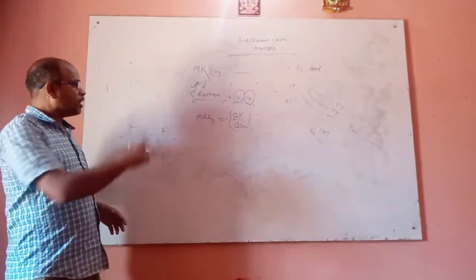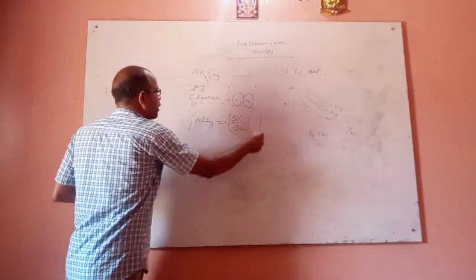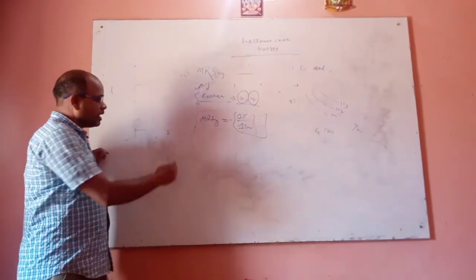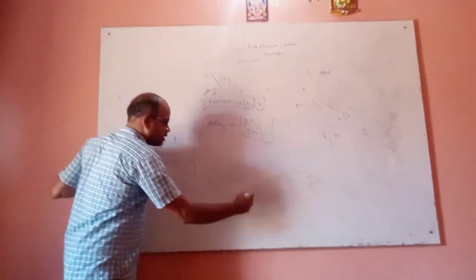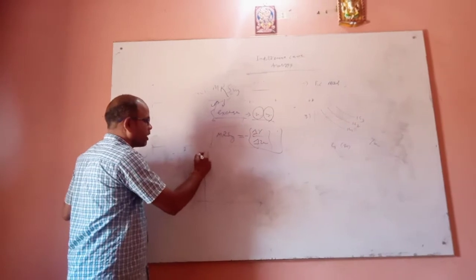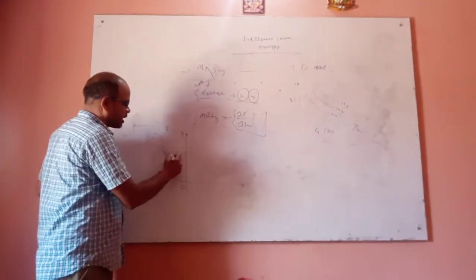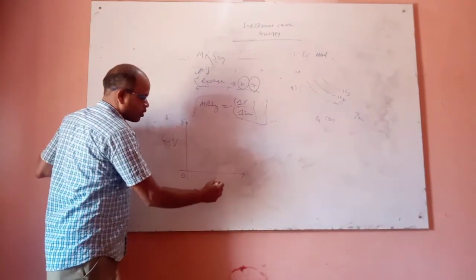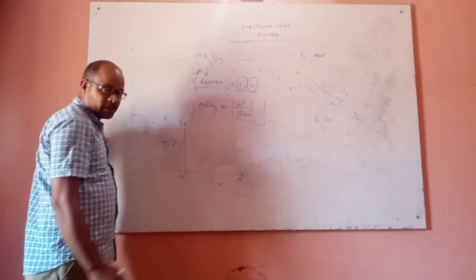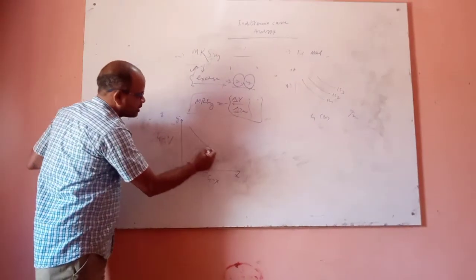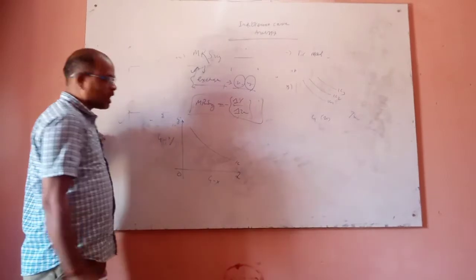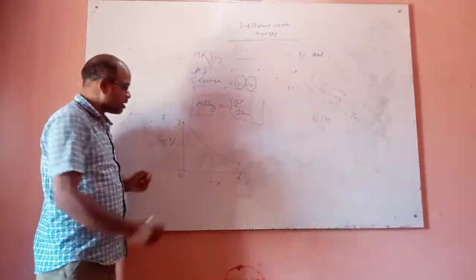Next, in order to analyze or calculate MRS XY in a diagrammatic version, we use the following graph, where good y is taken on the y axis and good x on the x axis. This is the IC curve, a downward sloping IC curve.